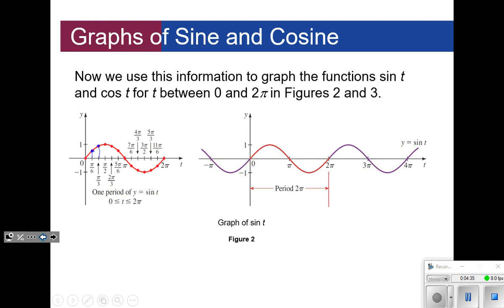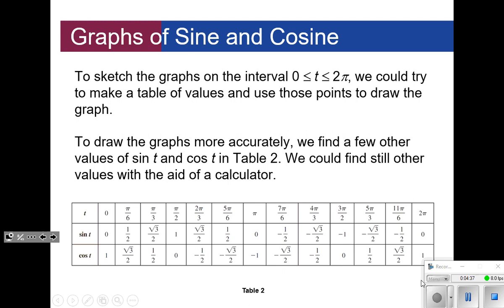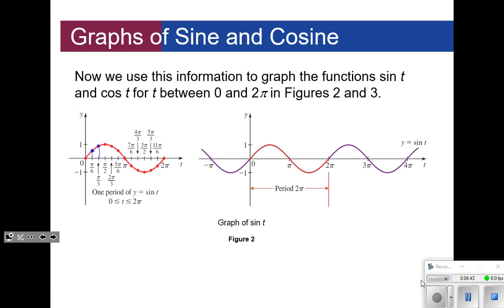Now again, if we go back, what is the sine of pi over 6? It's 1/2. So back on this graph, this value right here would be 1/2. So our terminal points, if you will, the t, is your x-axis, and your y is the value of the function.